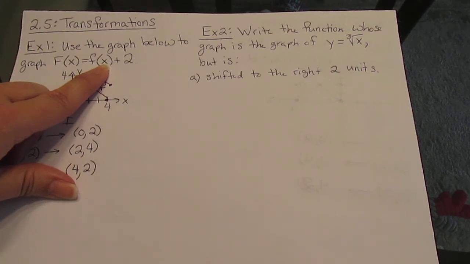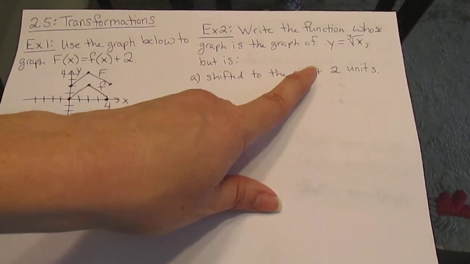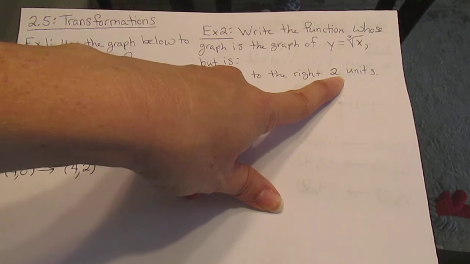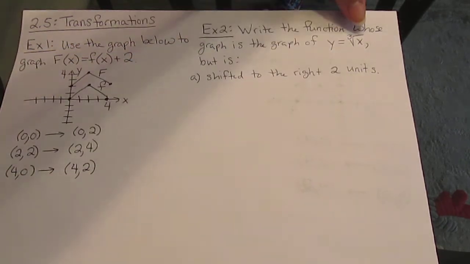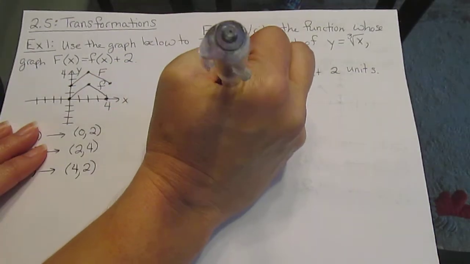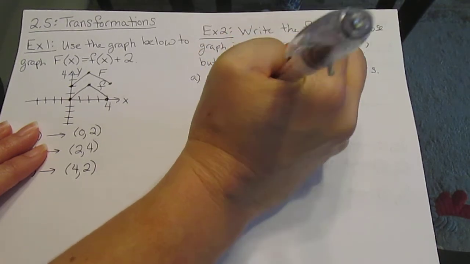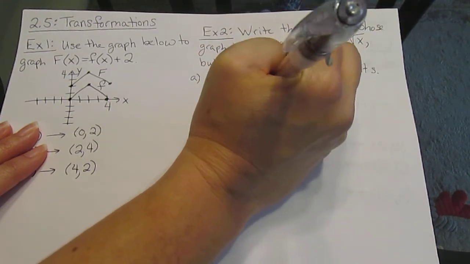If it's x plus something, then it's going to move it to the left. So in our problem, it says we want it to go right 2 units. So that means we're going to be subtracting the 2, and we're going to be subtracting it from the x. So if we rewrite this, we'd write y equals the cube root of x minus 2.